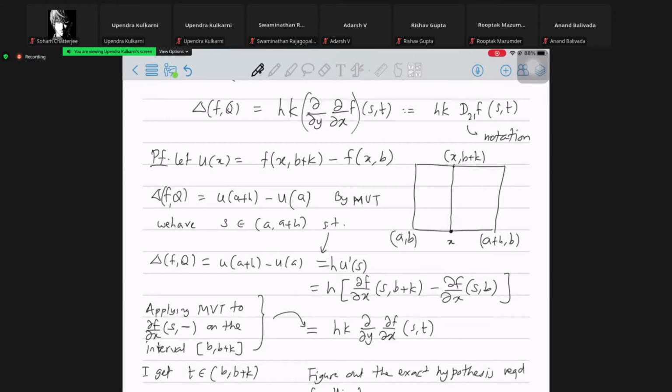Okay. So basically you're saying that in the lowest horizontal segment and the highest horizontal segment, if I have differentiability on that, will that work? Sorry, I got confused over here.